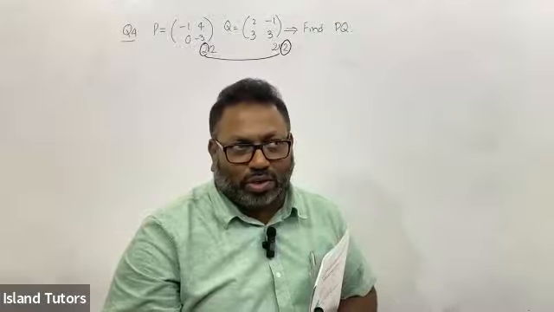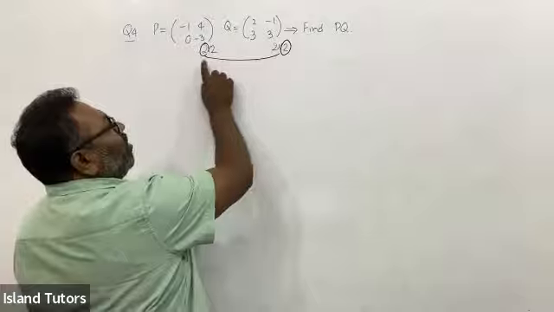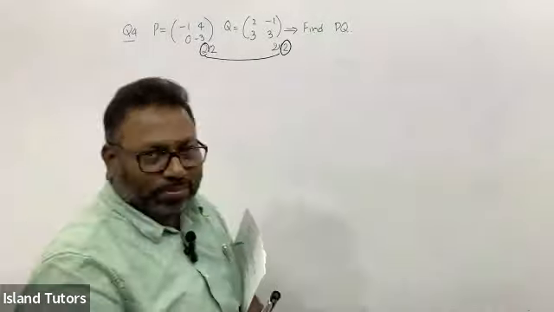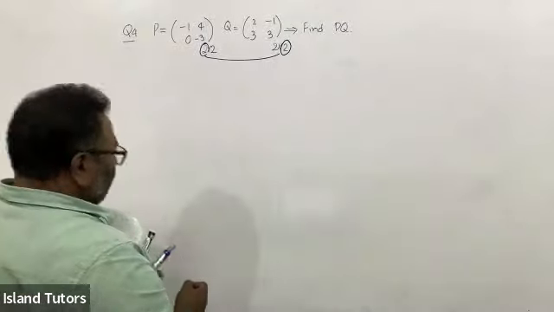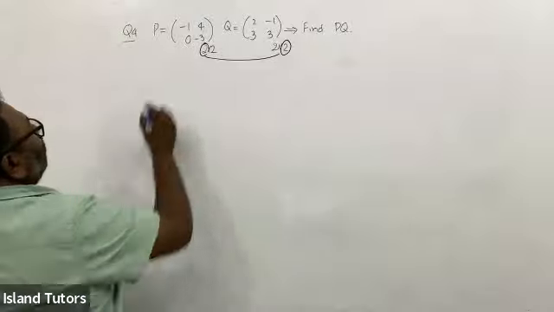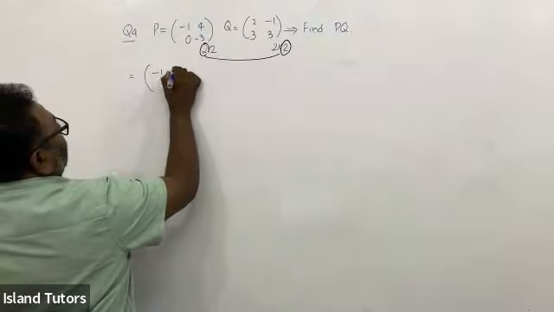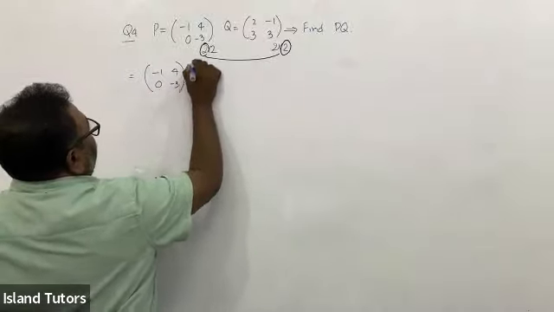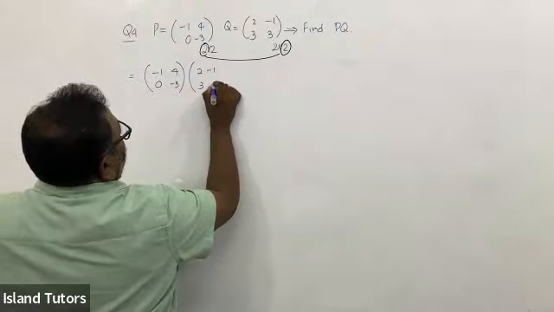So P multiplied by Q will have 2 rows and 2 columns. Okay, right. So let's rewrite P multiplied by Q. We know P is [-1, 4; 0, -3] multiplied by [2, -1; 3, 3].